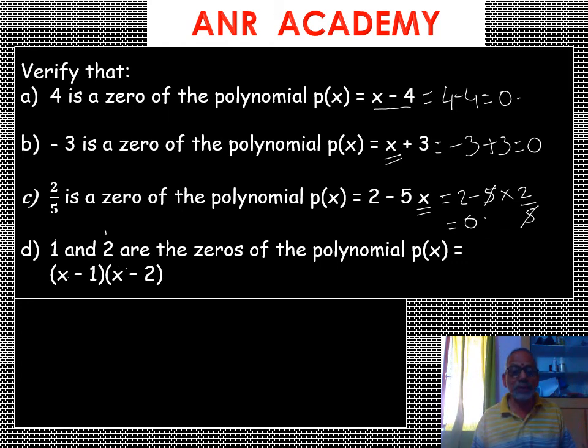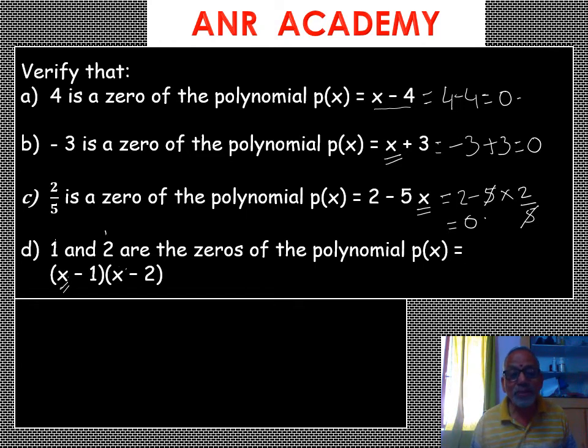So when you replaced the value of this x by 1, 1 minus 1 becomes 0. And you know 0 into anything is 0. So 1 is a zero of the polynomial p of x is equal to x minus 1 into x minus 2.